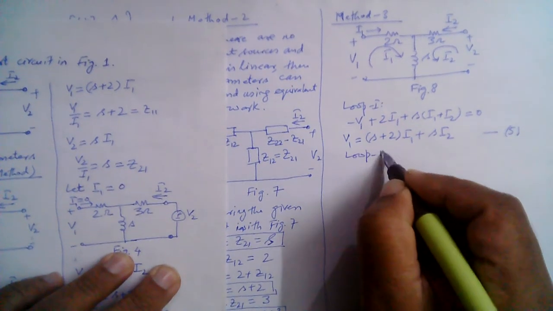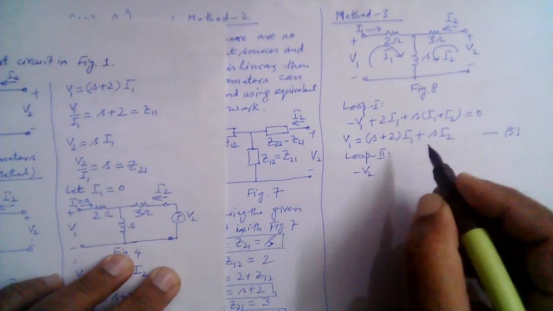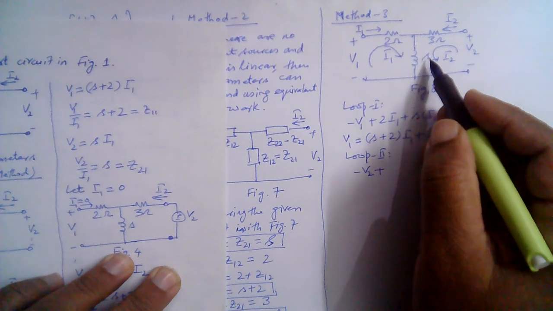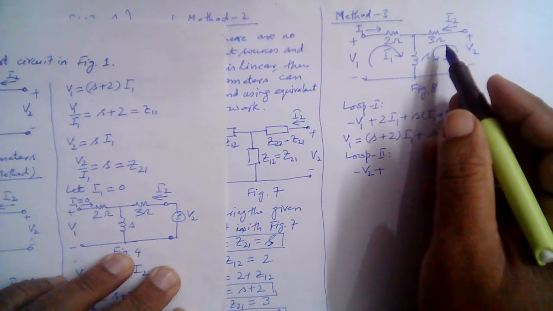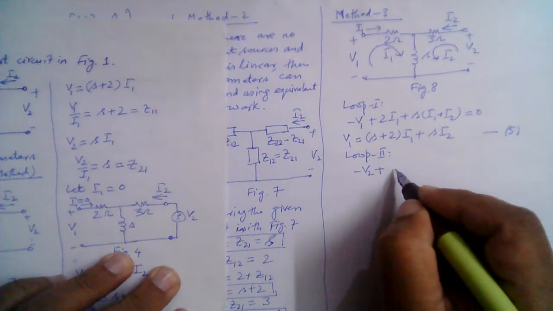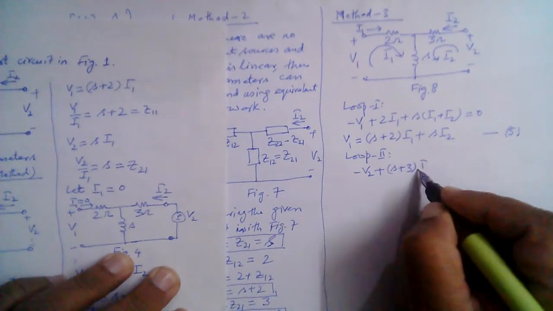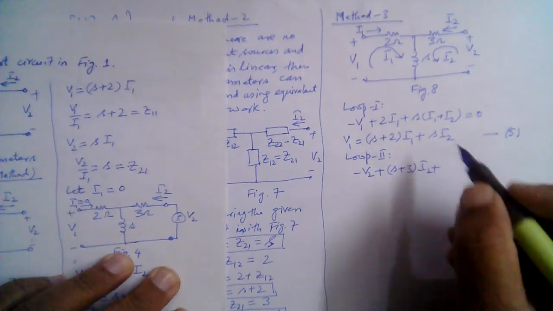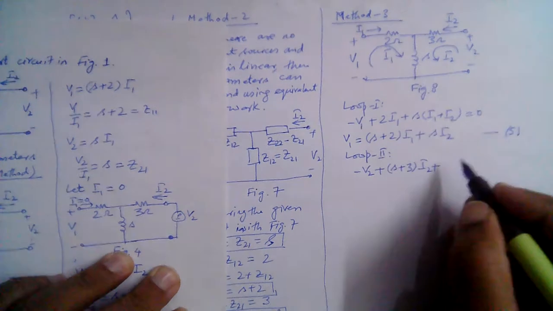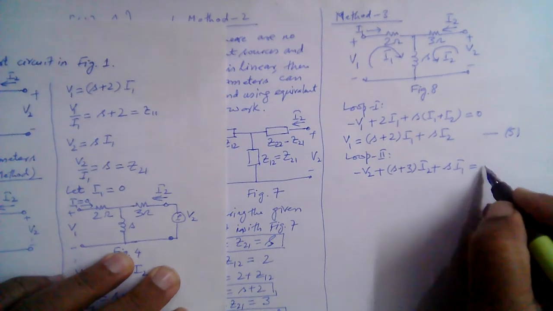Now loop 2. So this is minus V2 plus S plus 3 I2, and the common impedance is S, and I1 is flowing in the same direction, so this is S I1, is equal to 0.